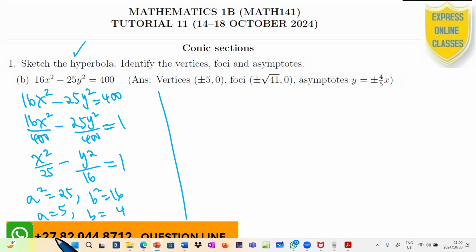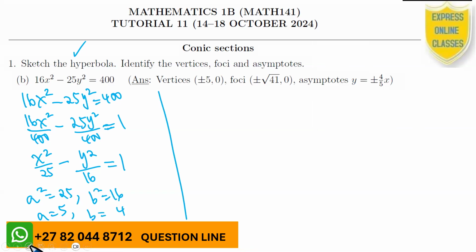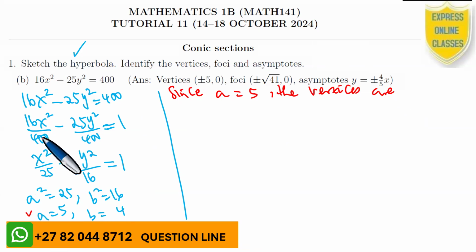As usual, we do the following. Since a is 5, the vertices, we take it from a because it's a positive term, but because x is first, it's going to affect the first component.